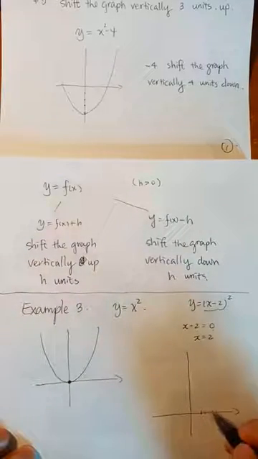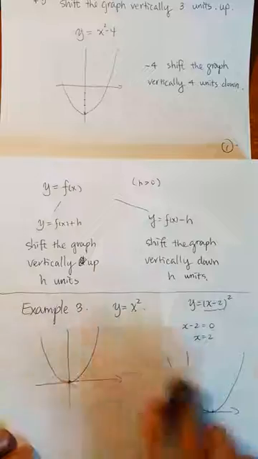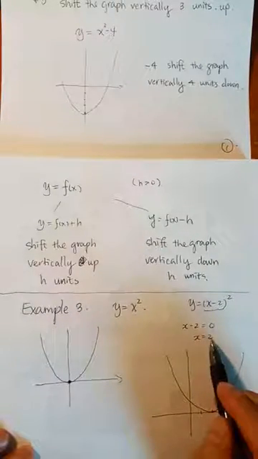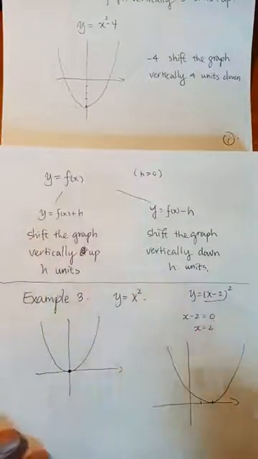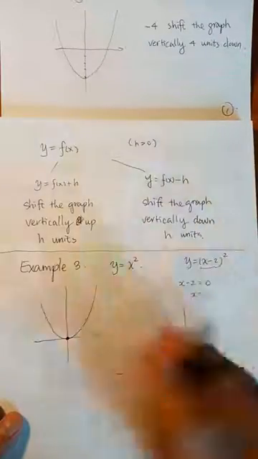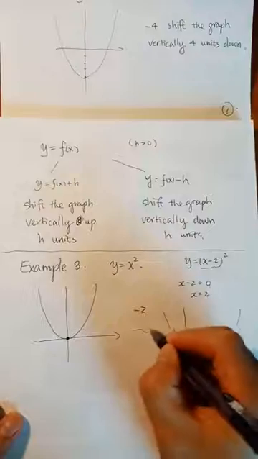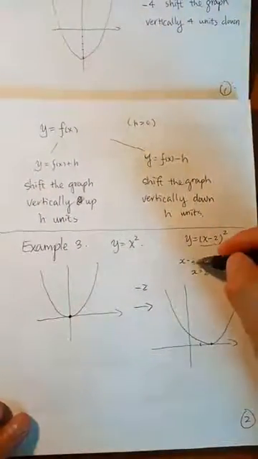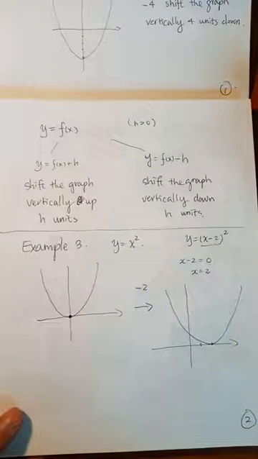So 0 is shifted to the point 2. Okay, so you shift to the right because 0 becomes 2, or 2 becomes 0. There's a correspondence between these 2 points. So you minus 2, you shift it to the right.